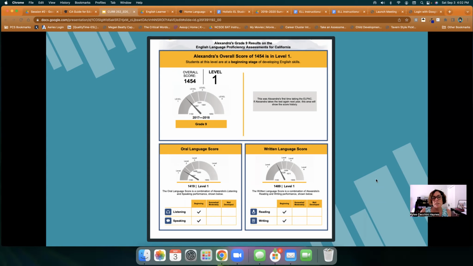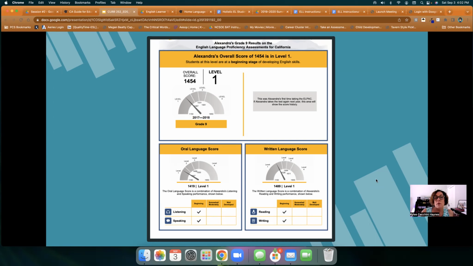So you can see pretty easily where they are in the level, right? How close are they to the next level, so to speak. So for Alexandra, she took it in 9th grade. We're looking at her 9th grade assessment. And she was a level 1 overall. And she's not that close to level 2.